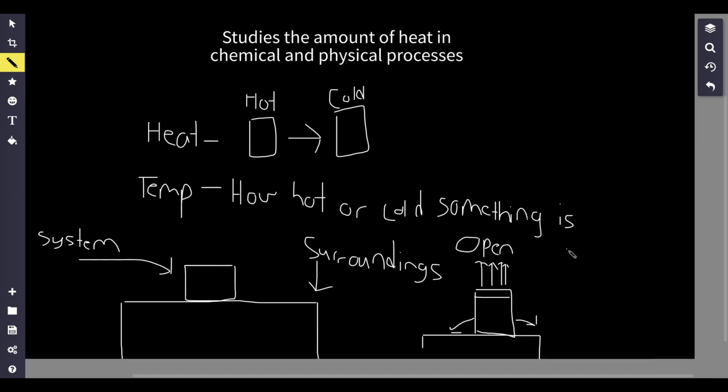Now we have a closed system. Say we got this bottle of water, okay? This bottle of water with a cap on it. This is when only energy can be exchanged between the surroundings and system.